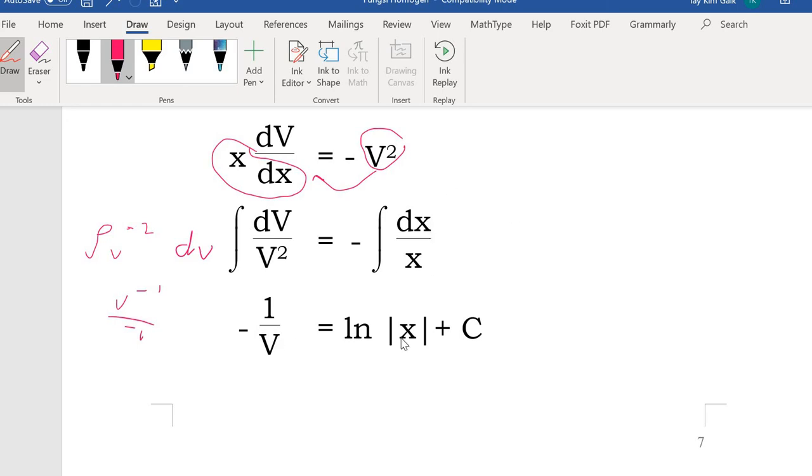Integrate 1 over x, ln x, because negative and negative cancel. Sorry, so I have negative. Okay, because integrate 1 over v squared, we get negative 1 over v. Integrate negative dx over x, here you should have negative ln x plus c.